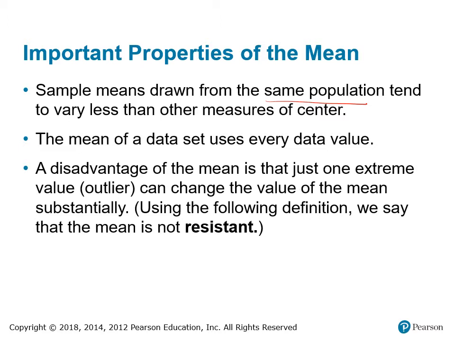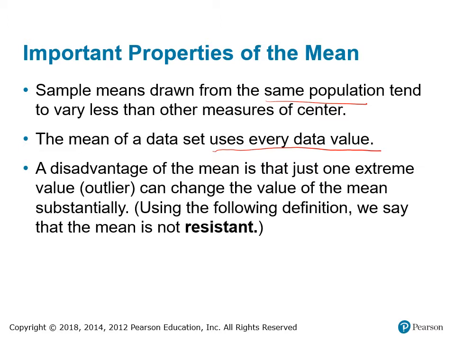When you look at the other measures of center, they tend to vary a lot more. So this is one reason why we use sample mean a lot more than we use the other measures of center. A good thing about the sample mean is it uses every single data value to calculate it. That's not going to be the case for every one of our measures of center.